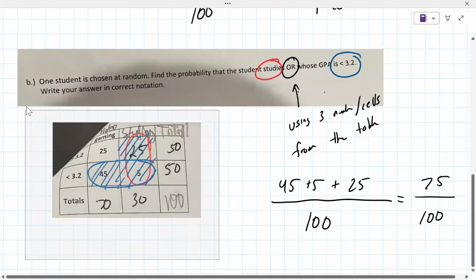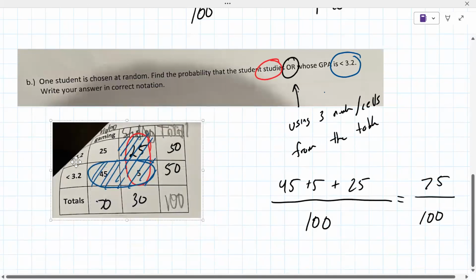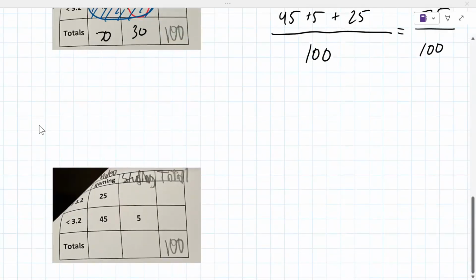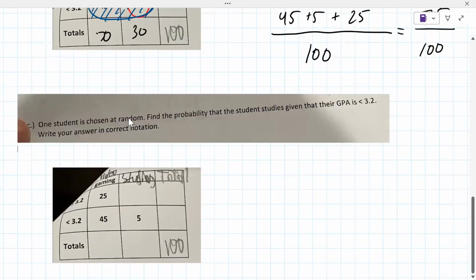All right, we're going to look at this one more time for part C. One student is chosen at random. Find the probability that the student studies given that.